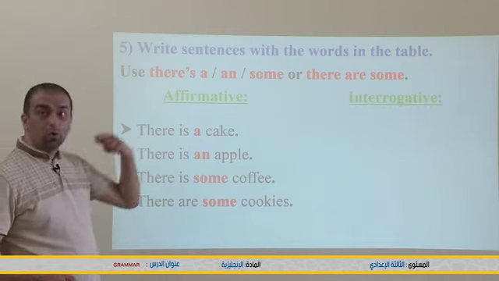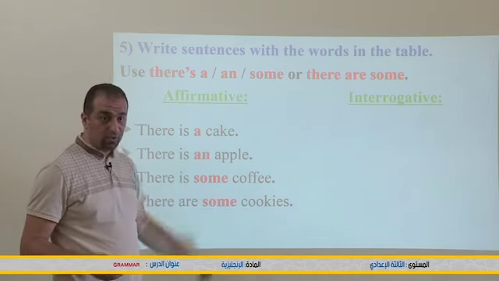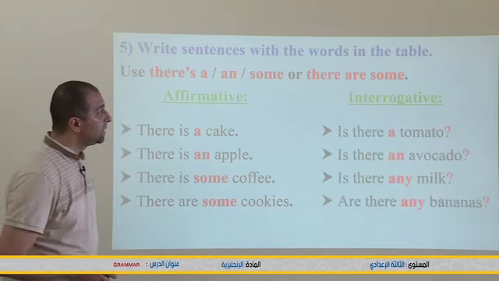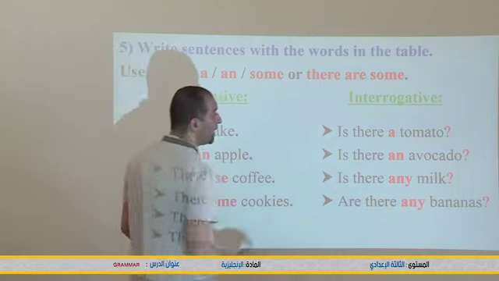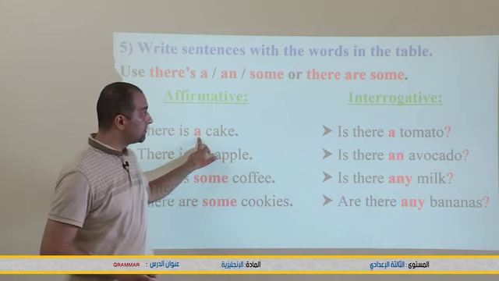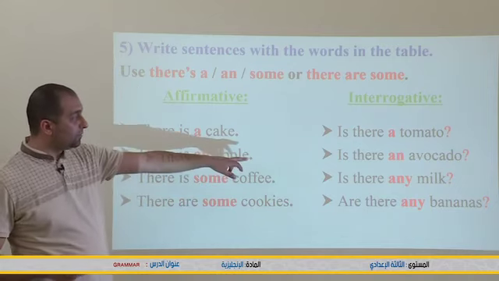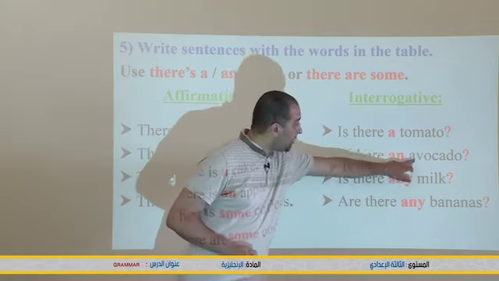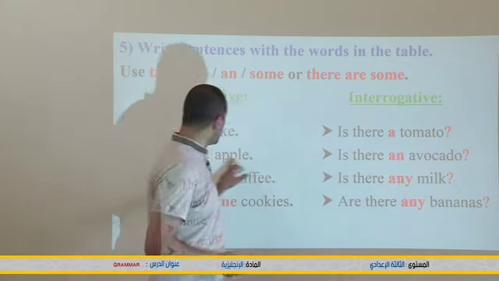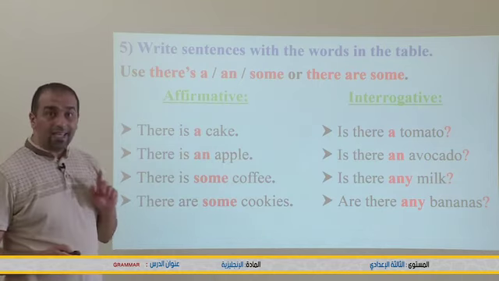Interrogative form, that is questions. So pay attention to that because we have it in the grammar table in your textbook. Is there a tomato? As you can see here, there is no change. A, same article. Is there an avocado? The same. Vowel, consonant. There is no change. Number 3, is there any milk?